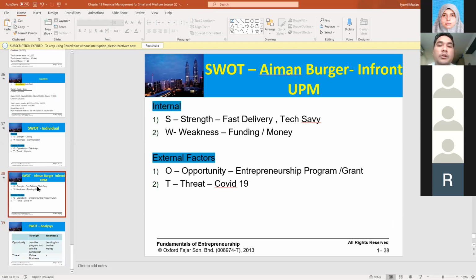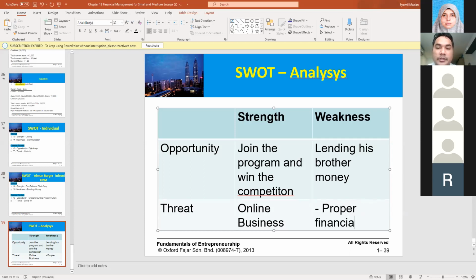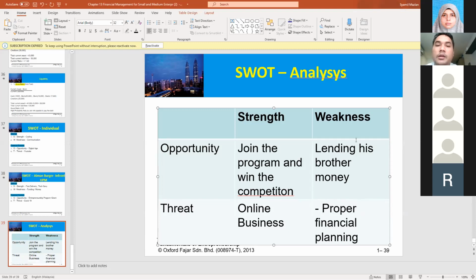For example, you have a weakness of money, but in COVID-19, maybe you make proper financial planning, right? When people have financial problems and then COVID-19 comes, you want to be aware of your business expenses. So you track all the expenses you are making so that your business is more efficient. See how in a business you use strength, weakness, opportunity, and threat.